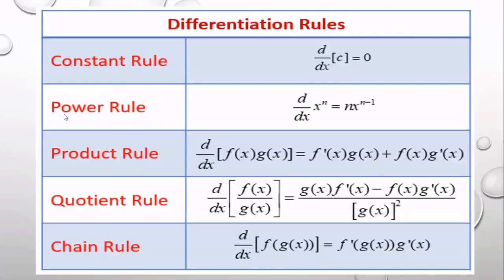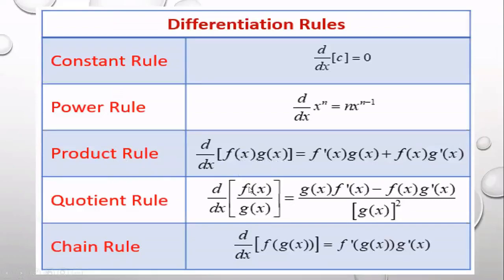Constant gives 0, power rule gives n into x to the power n minus 1. Product rule: the first function we differentiate, the other one keep constant, plus sign, then the function already differentiated should be constant, and differentiate the other. So this is called the UV function, UV or product rule. U and V are two different functions.